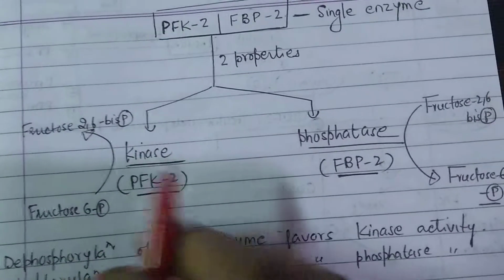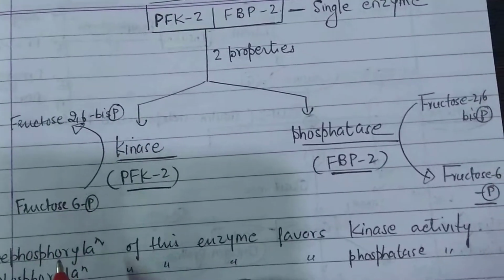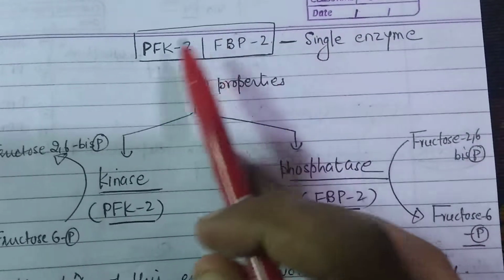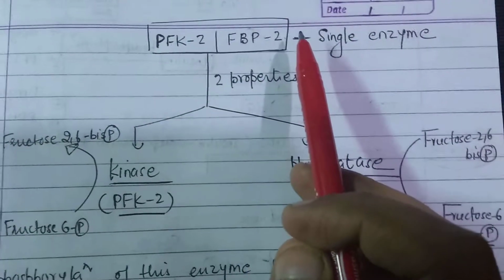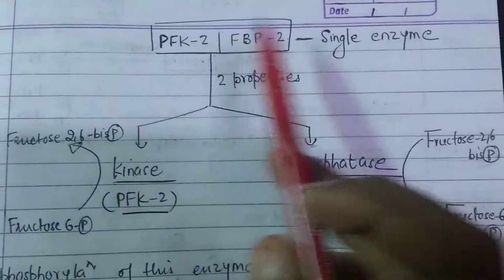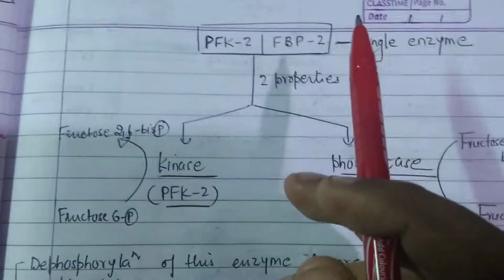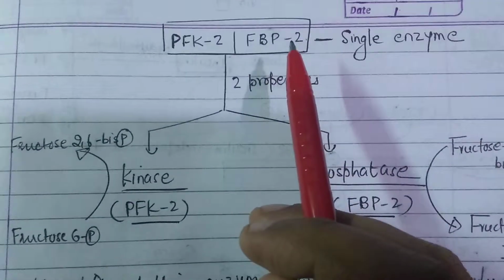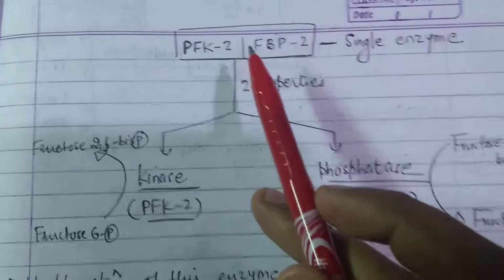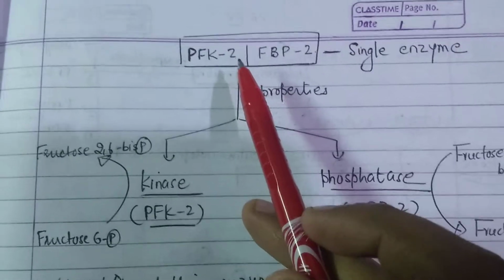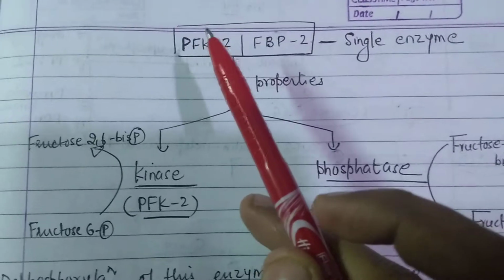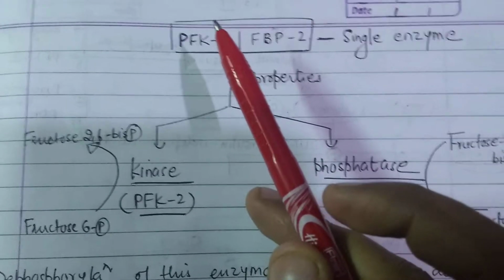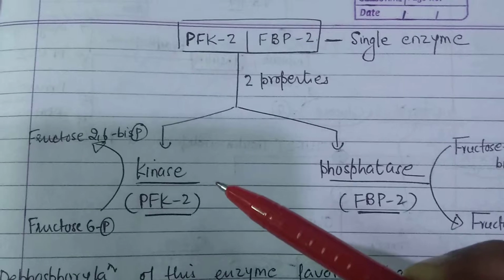Now what is important, you need to understand that when this enzyme is dephosphorylated, now you can understand which hormone will cause its dephosphorylation. Insulin will cause dephosphorylation of this enzyme. This enzyme, after dephosphorylation, will predominantly have the kinase activity.